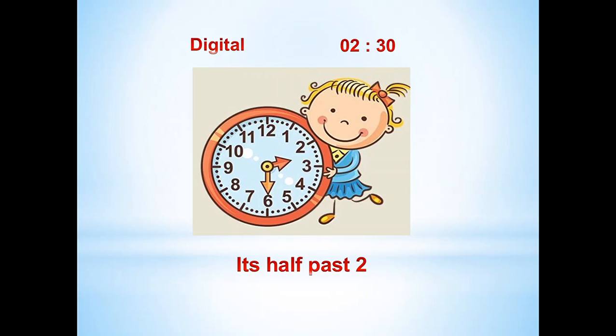And how many minutes? On 6, 30 minutes. So the time is 2 and 30. 2 colon 30. What is the meaning of colon? 2 dots. When I ask you to write in analog clock, you will say it's half past 2.